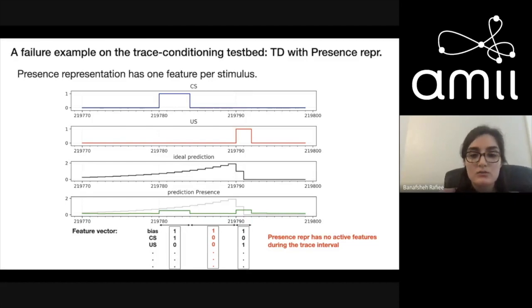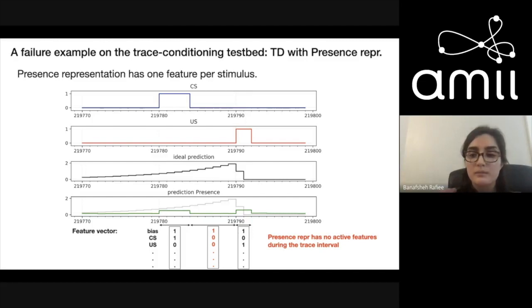And to see why that's happening, we can look at the feature vector. As I said, we have one bias feature, which is always on, and we have one feature per stimulus. So during CS activation, the feature corresponding to CS is 1, and during the US activation, the feature corresponding to US is 1.